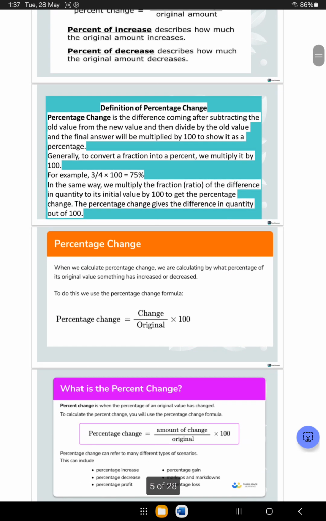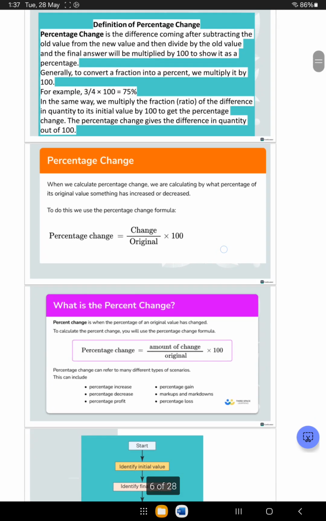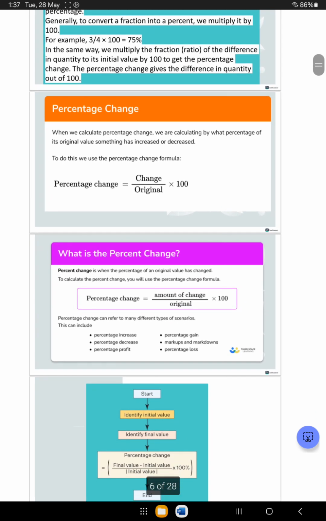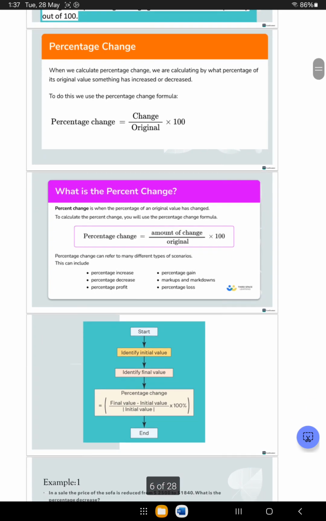The formula of percentage change is change divided by original value times 100. Percent change is when the percentage of an original value has changed. To calculate the percent change, you will use the percent change formula: amount of change divided by original value times 100.